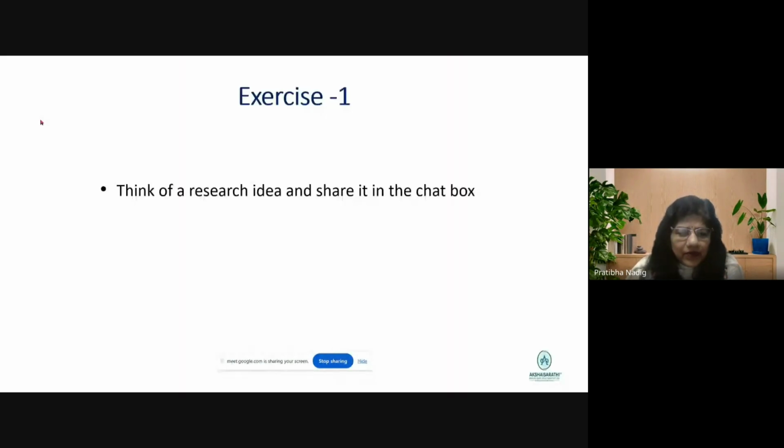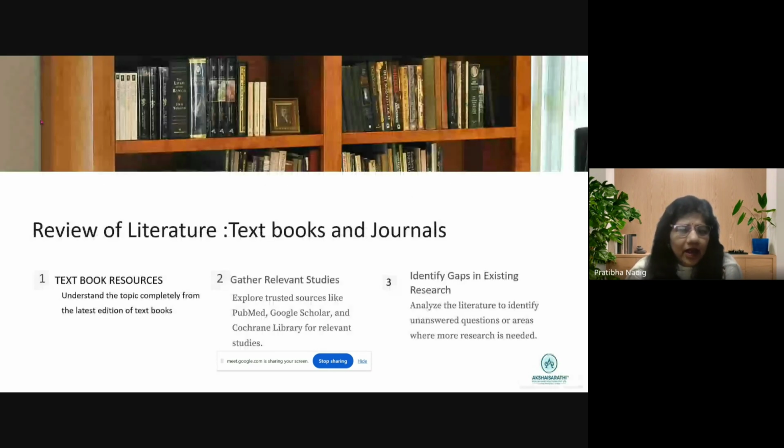So once we have zeroed down to some areas of our interest, each one of you has felt that there is a problem. That was an excellent thing, and let us see how we can proceed. I will give one example. You can apply that. So then again we go back. Thinking plus reading is extremely important.